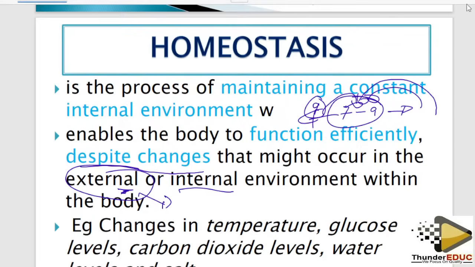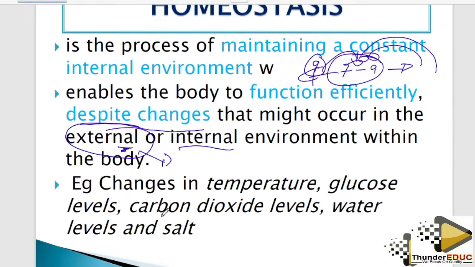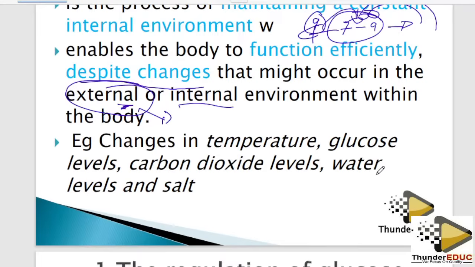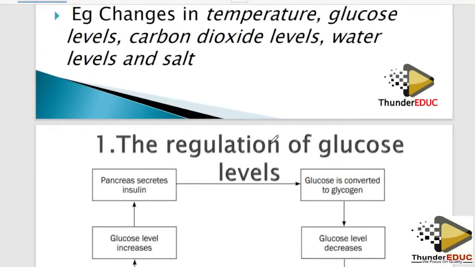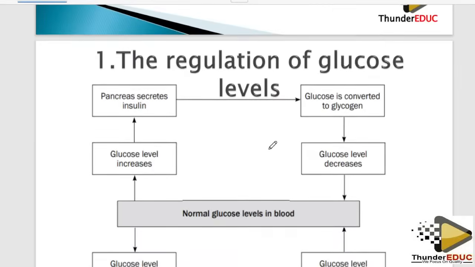All right, we are saying that changes in temperature, glucose levels, carbon dioxide, and water levels, plus salts, these are the internal environment we are talking about, which are supposed to be kept constant. So we are going to look at them in detail.